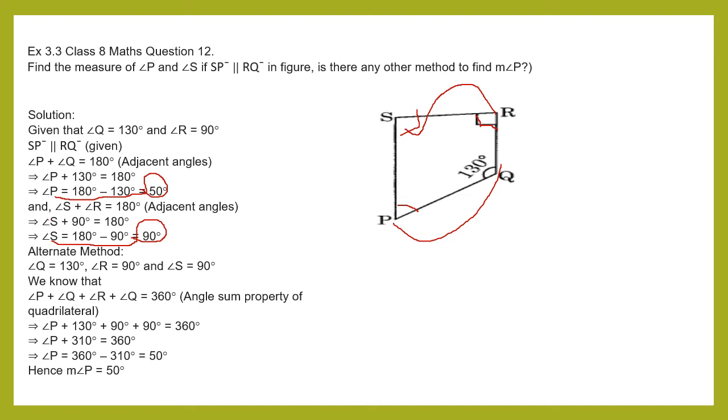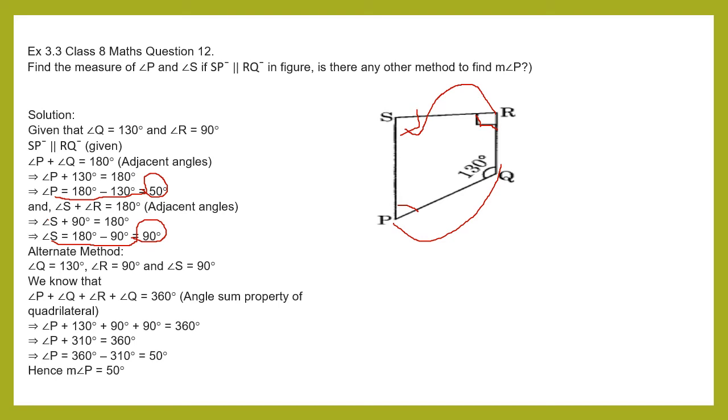Angle Q equals 130 degrees and angle R is 90 degrees. We also know the value of S is 90 degrees, because by observing we can say this is a right angle, and they mentioned in the problem itself that side SP is parallel to side RQ.